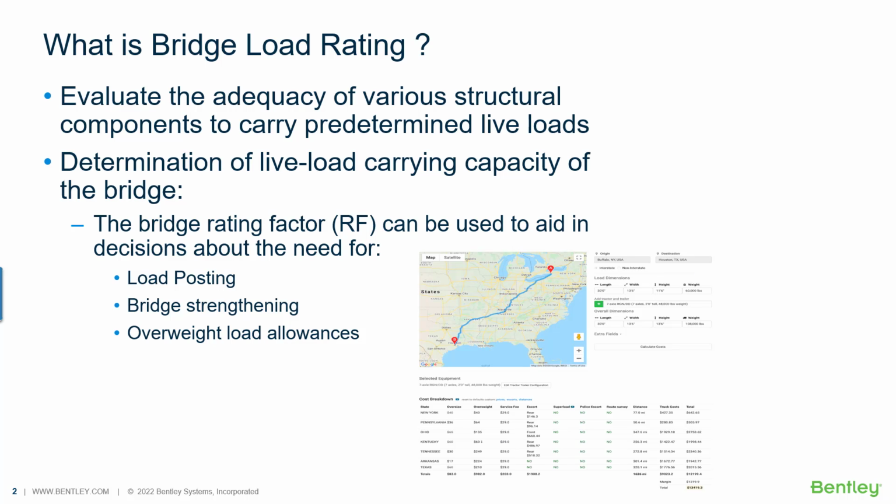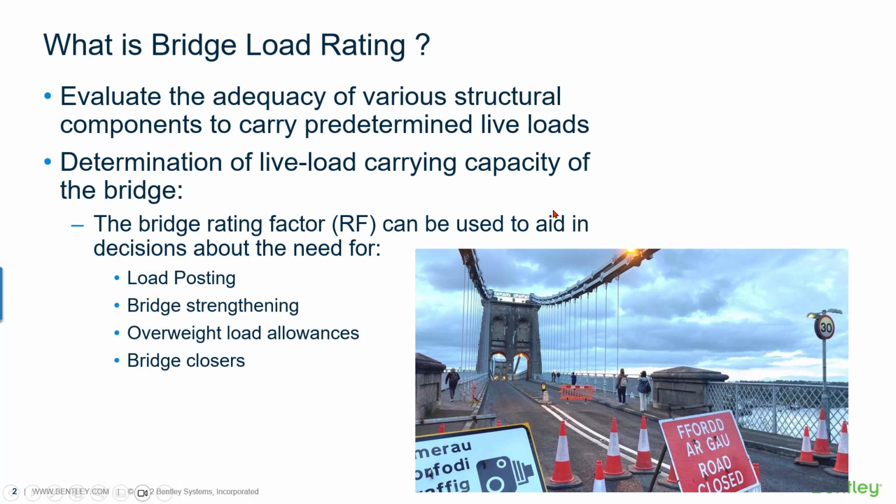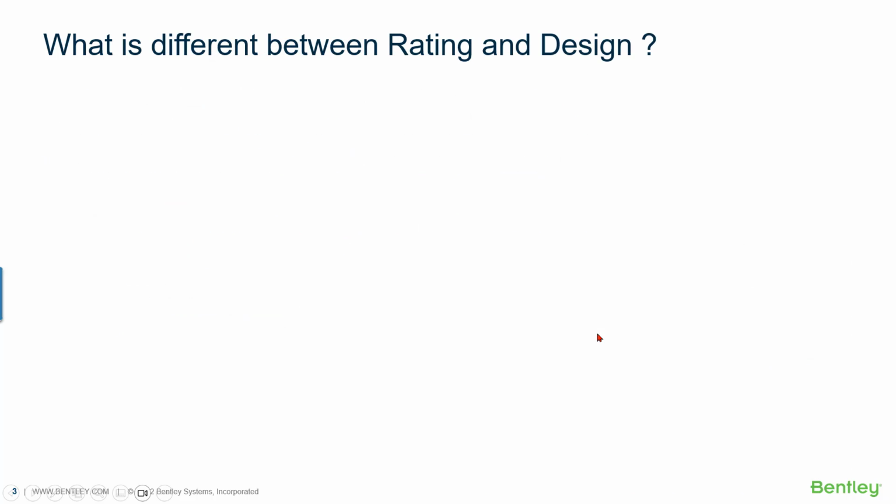Also, it can be used for permitting, so we create overweight load allowances that can cross the bridge and determine the best route from one point to another point. And finally, as an extreme, it will help us to close the bridge if necessary, maybe at least to some trucks, but also for general crossing.